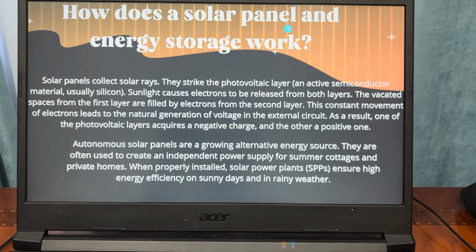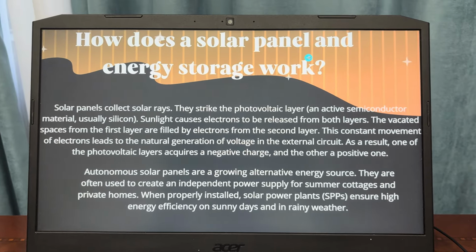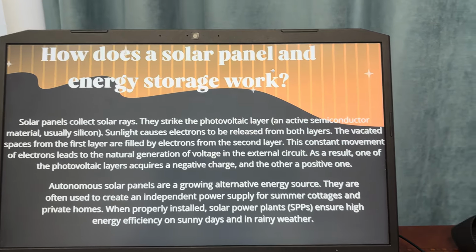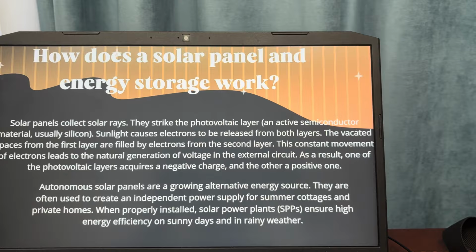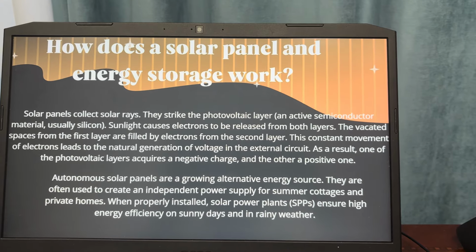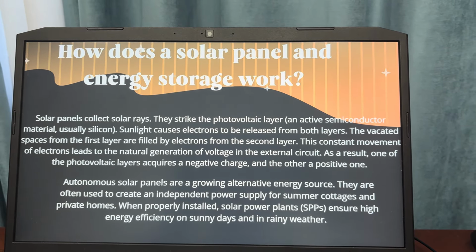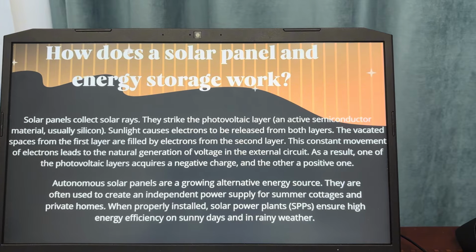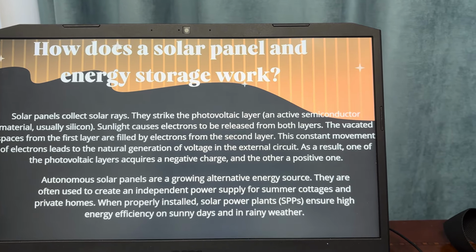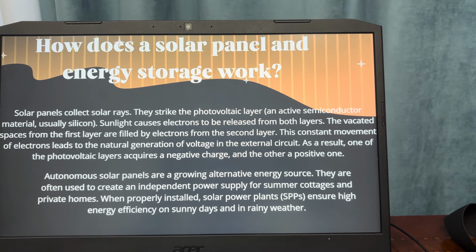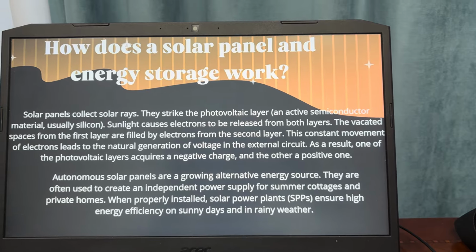How do the solar panel and energy storage work? The solar panel collects solar rays. They strike the photovoltaic layer, active semiconductor materials, usually silicon. Sunlight causes electrons to be released from both layers.